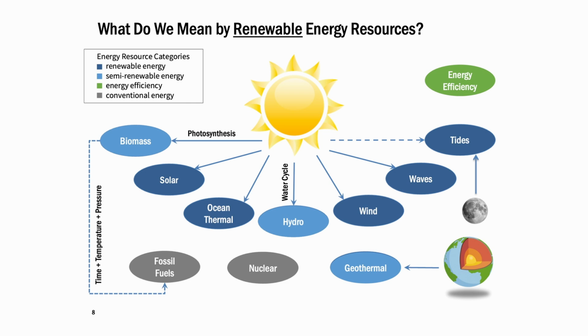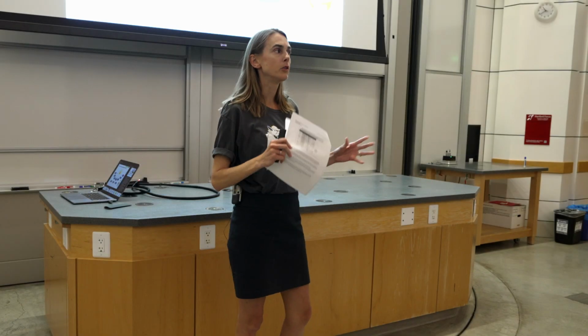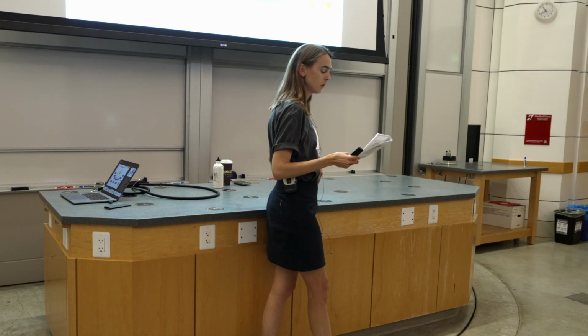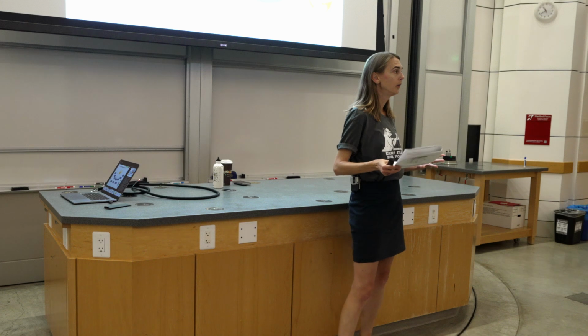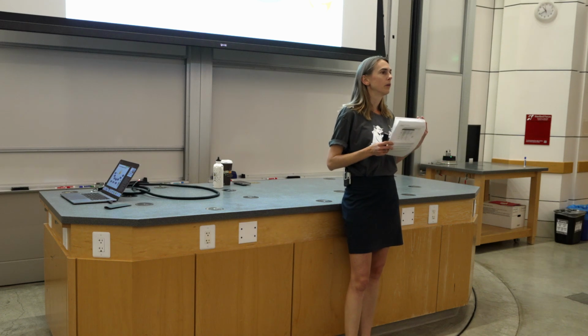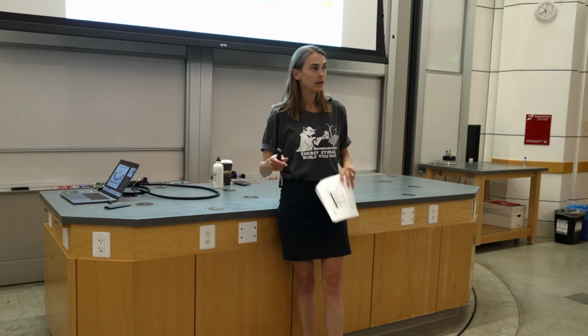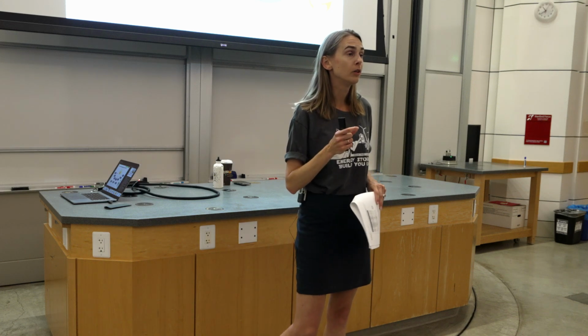Geothermal's origins come from heat from the Earth's core, and tides are primarily driven by the gravitational pull of the moon. As I mentioned, many people think that renewable energy is inexhaustible and not depletable, but it's important to think about renewable energy in terms of a spectrum. Some of these resources can actually be depleted faster than we can use them.